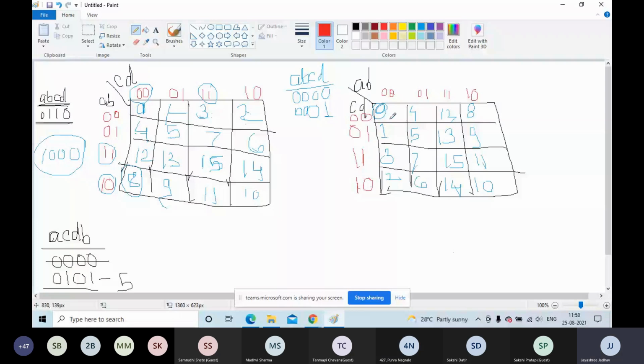Yes, ma'am. So these places are fixed. What I am telling you is that these decimal places are fixed. But you have to remember, if you are writing AB here, then you get this decimal number sequence, and if you are writing AB here, then you get that sequence.